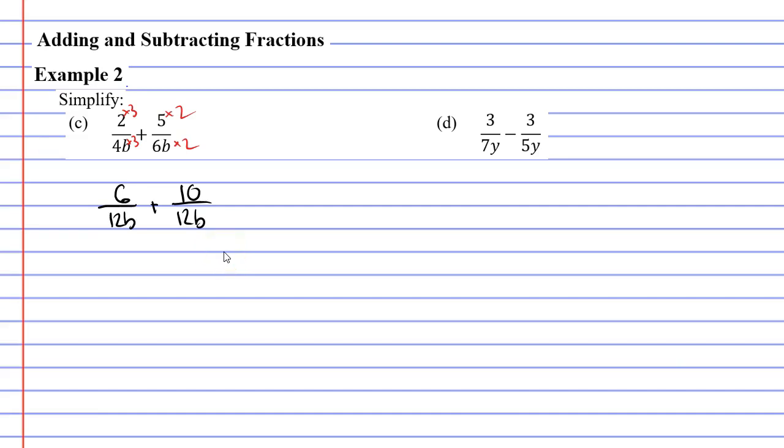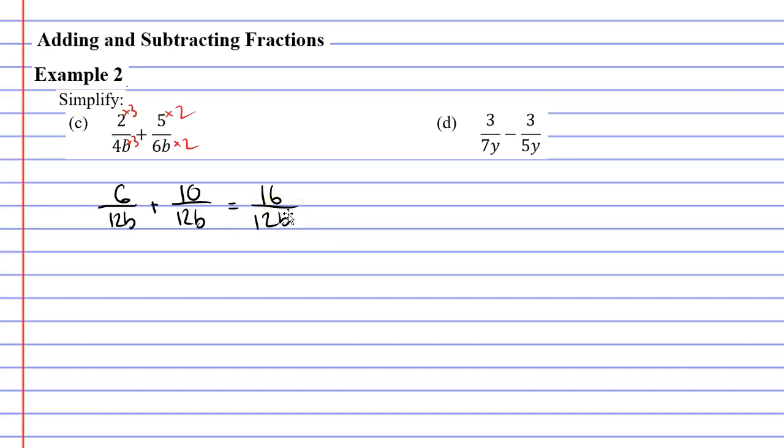Now, because our denominators are the same, they're both 12b, our final simplified solution will also have a denominator of 12b. And 6 plus 10 will give us 16. You will notice that we have an improper fraction, 16 over 12.